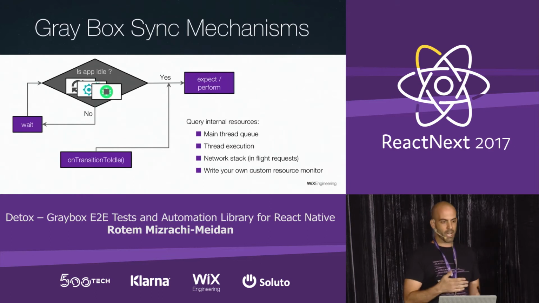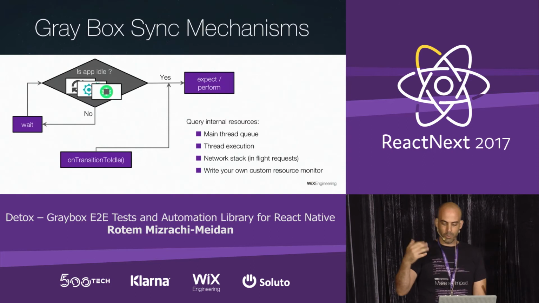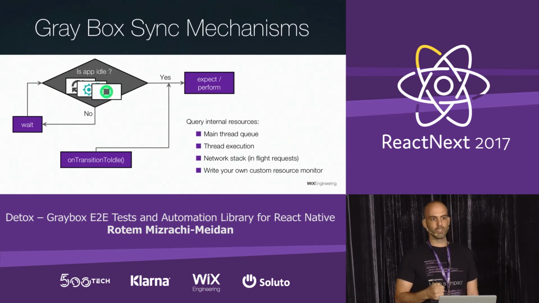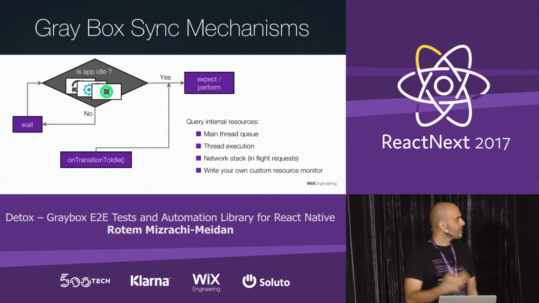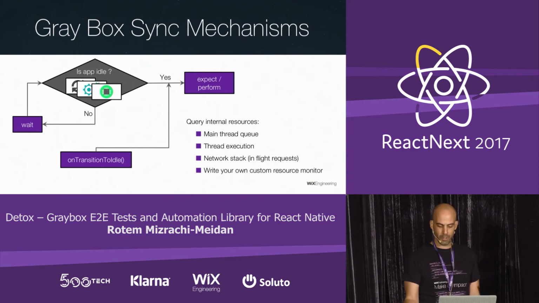Instead of retrying an action or assertion on the UI, it will query these internal resources we're talking about, or whichever we want, every few milliseconds, or listen to callbacks from these resources, and it will tell us when they switch into idle mode. The test will not continue until all of them are idle. And only then, when it's idle, it will interact with the UI.